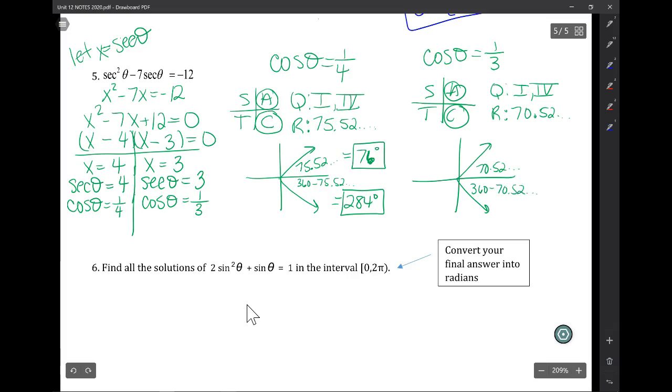And so my angles would be 71 degrees, and 360 minus that would give me 289. So those would be my values of theta that would satisfy the equations: 71, 76, 284, and 289.